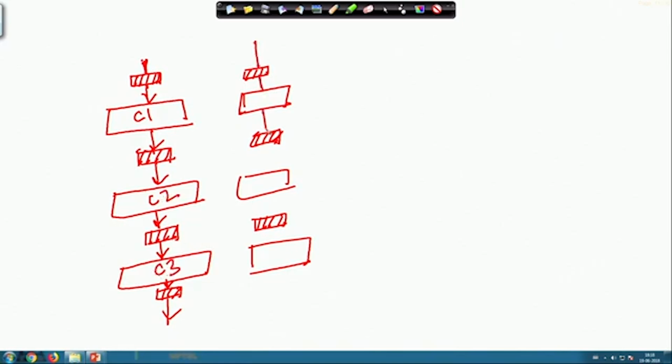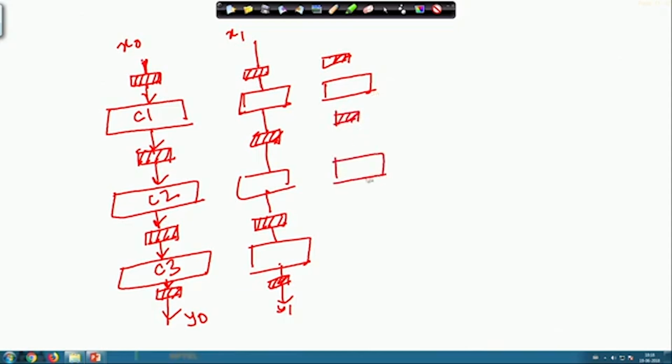Now, for this again I need to put an extra register over here, and from here I will get y0, from here I will get y1. This will be taking x0, this will be taking x1. Then again I need to draw the corresponding circuit, which is nothing but this.